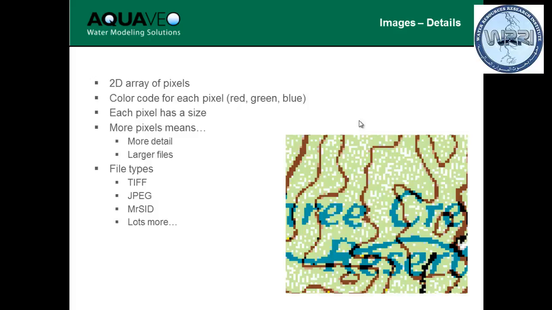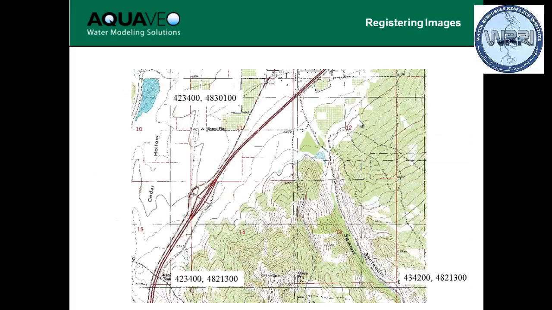And there are several different formats of images. Some formats are TIFF, JPEG, and MrSID. MrSID is a certain kind. What's that? Satellite images. Yeah, we have downloaded many of these satellite photos for the Earth. So there are a lot of different formats for images.